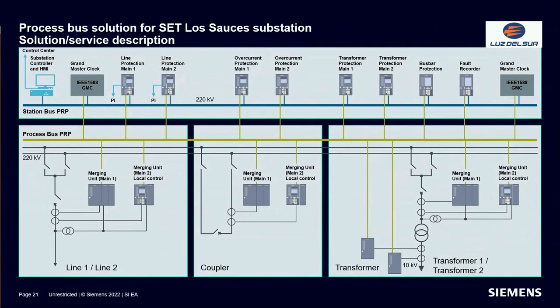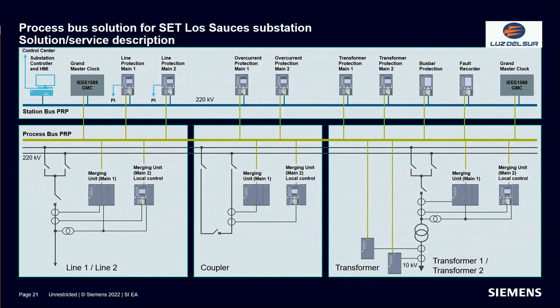For this interconnection, we use a dedicated process bus network only for sample values and GOOSE messages. Also here we have a station bus PRP network in order to connect all the equipment such as protection relays and the station automation, and also, for example, for remote management of the devices.